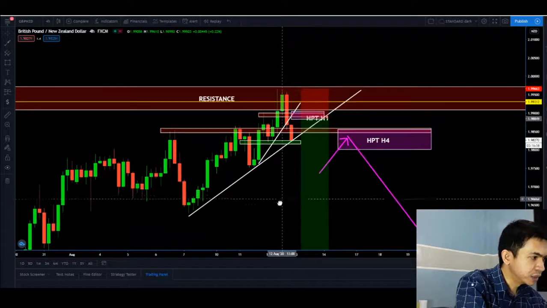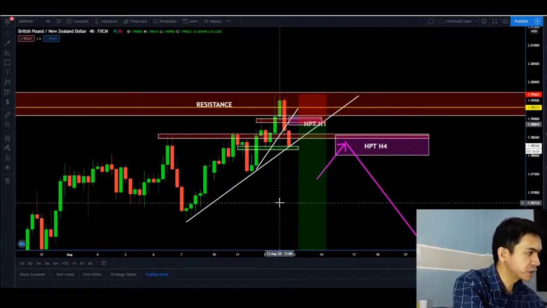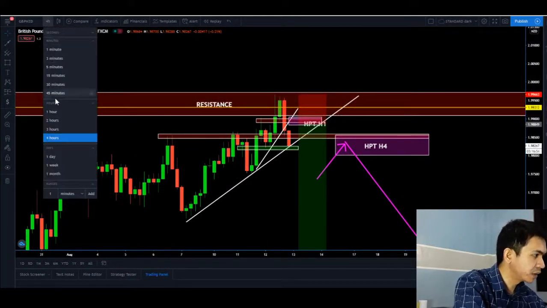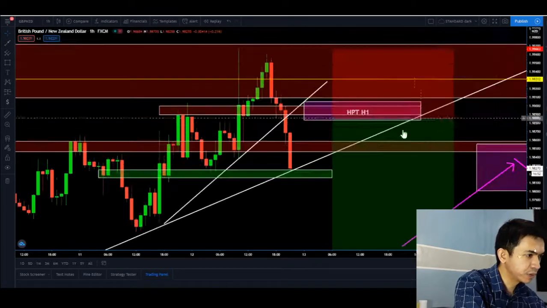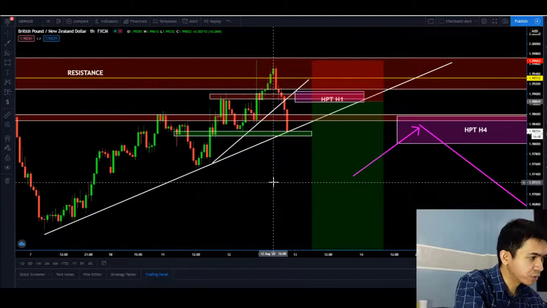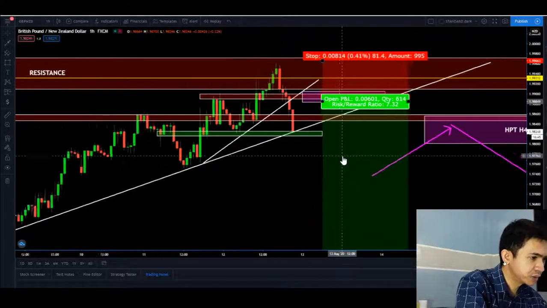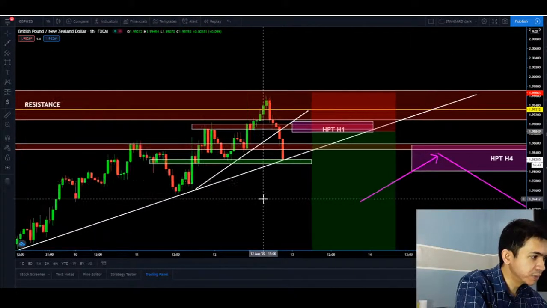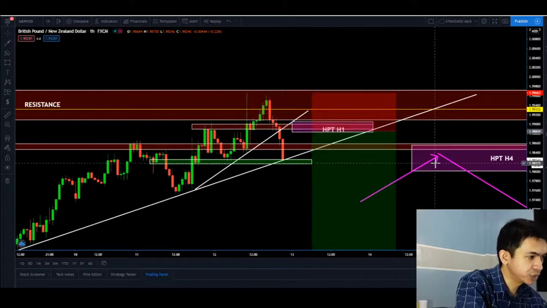All right. So again, if I want to enter on a much earlier time frame for a much better risk reward ratio through tightening my stop loss, this would be my setup on an H1 and an H4 level.